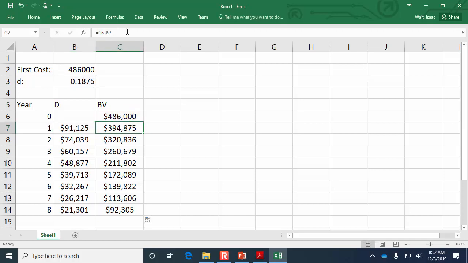Then the book value will just be the previous book value minus that year's depreciation. And then the next year, depreciation is based on the previous year's book value, the fixed percentage. So the book value is just going to be the previous year's book value minus this year's depreciation, and so on and so forth.